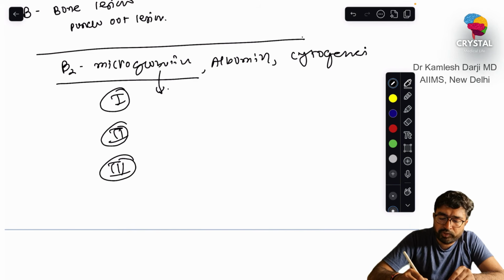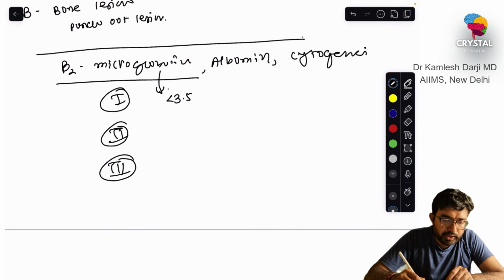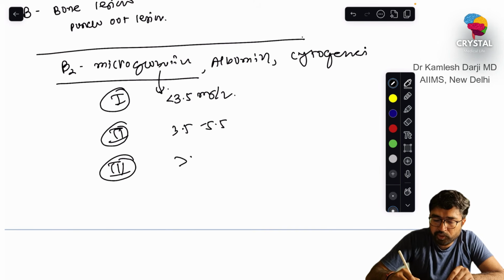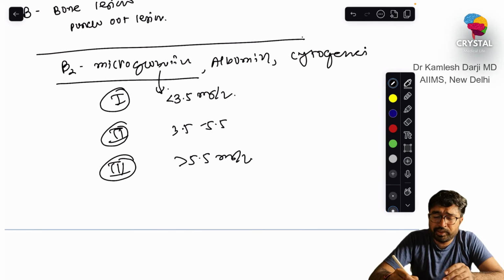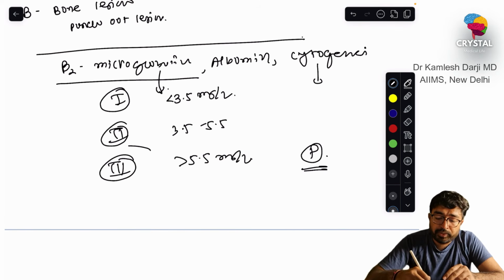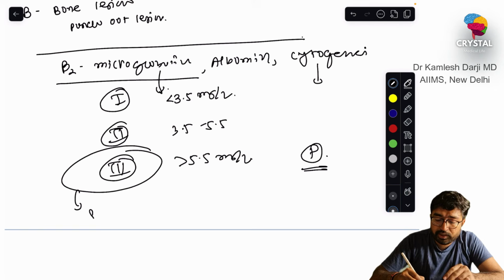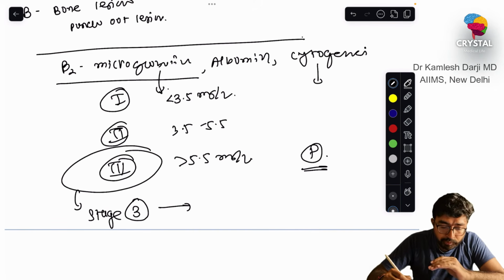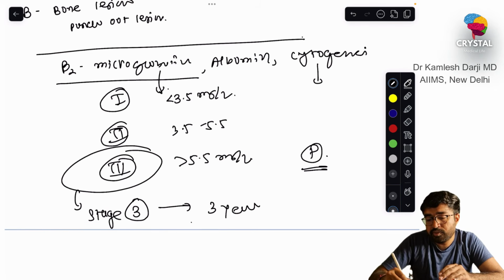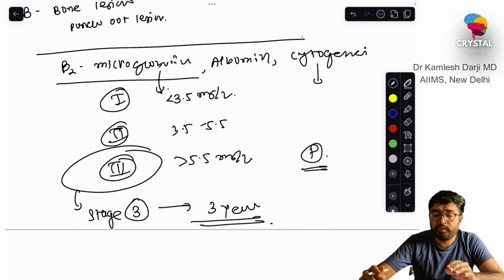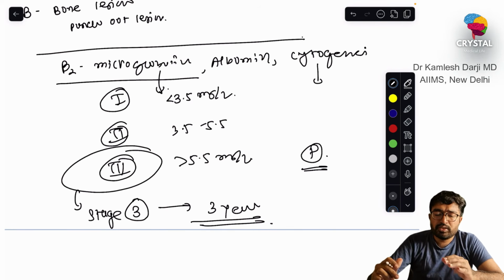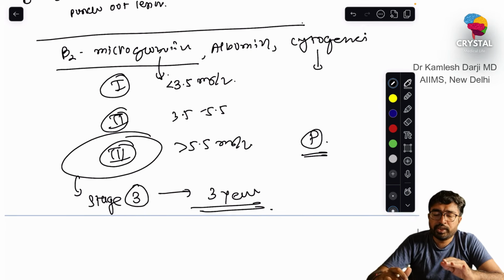Beta 2 microglobulin levels should be less than 3.5 milligram per liter, then 3.5 to 5.5, then more than 5.5 milligram per liter, and albumin level is different, and if the cytogenetics are heavily involved, then it is stage 3. So in this stage 3, the prognosis is very poor and only 3-year median overall survival is there in the stage 3. So this is used by the clinician.